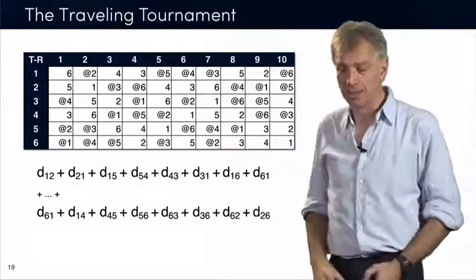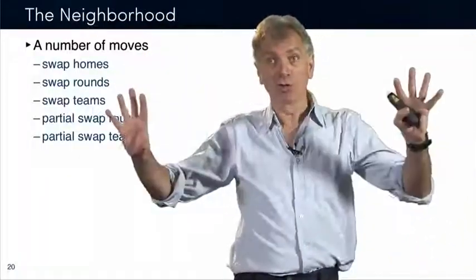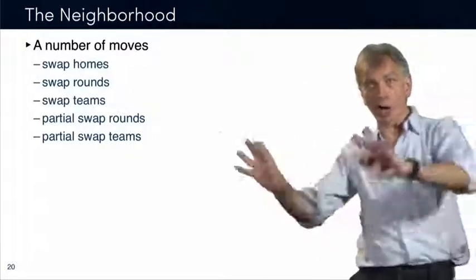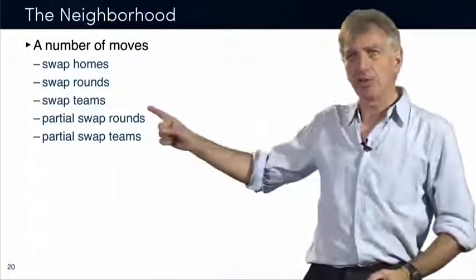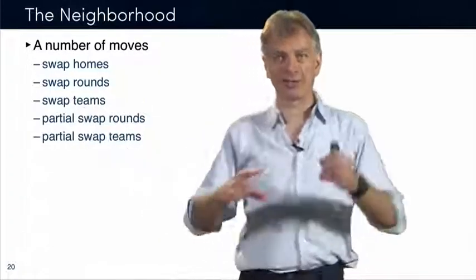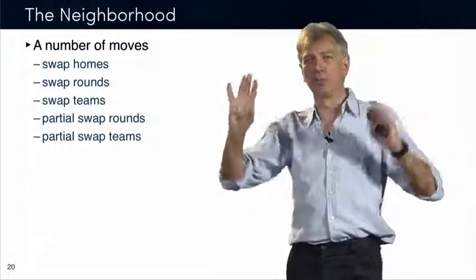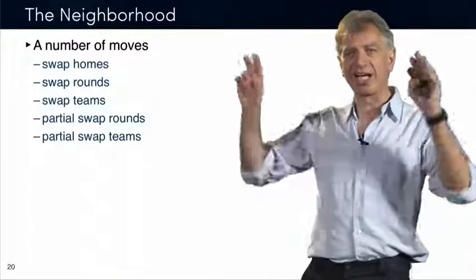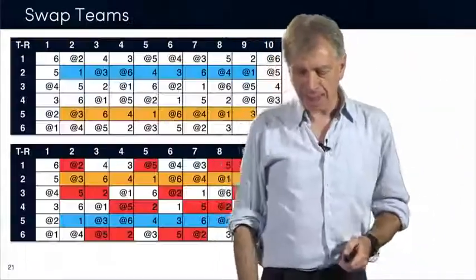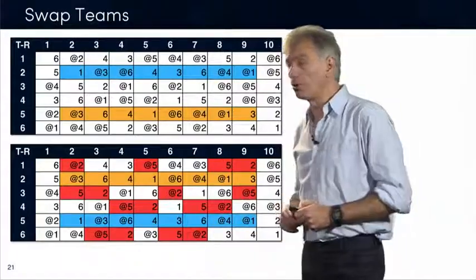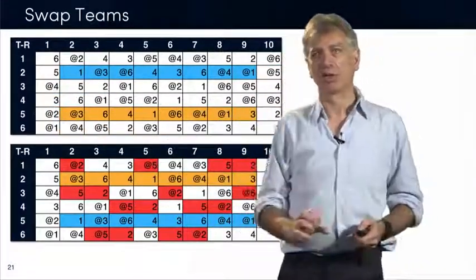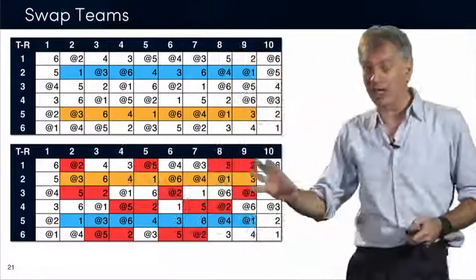What we saw is that there were plenty of moves that we could do. We could swap homes, swap teams, swap rounds, and then the partial versions of these. Some of these neighborhoods are pretty complicated. They have, let's say, n cubed moves, where n is the number of teams. Equally important, some of these moves affected the entire schedule, so you had a lot of operations to carry out.